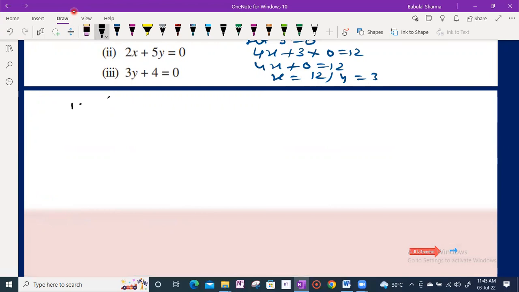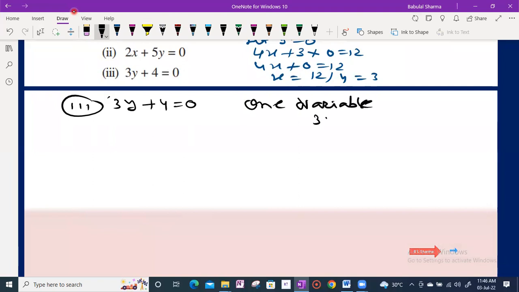The third part is C. 3y plus 4 is equal to 0. We have to write this as a linear equation in two variables. See, if we take it only in one variable, then only 3y is minus 4, y is minus 4 by 3, that is the answer. But in two variables, we should first represent it in two variables.